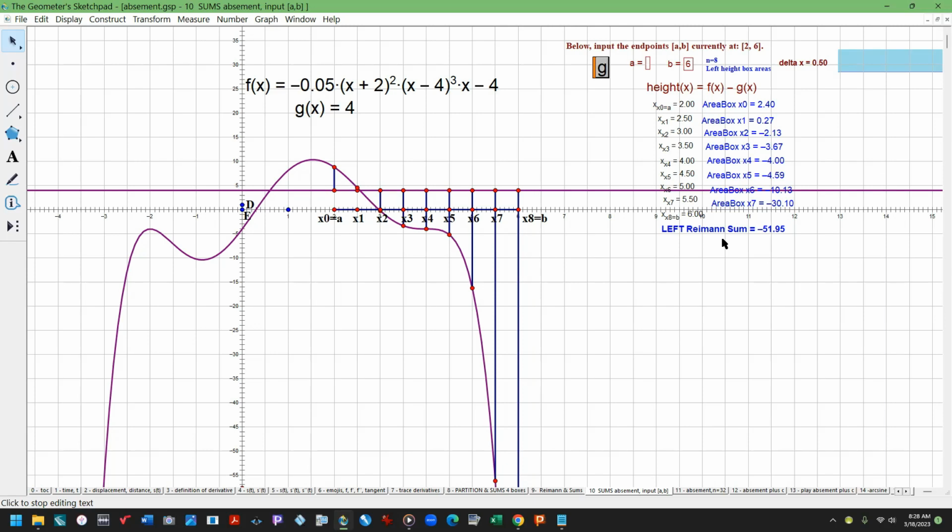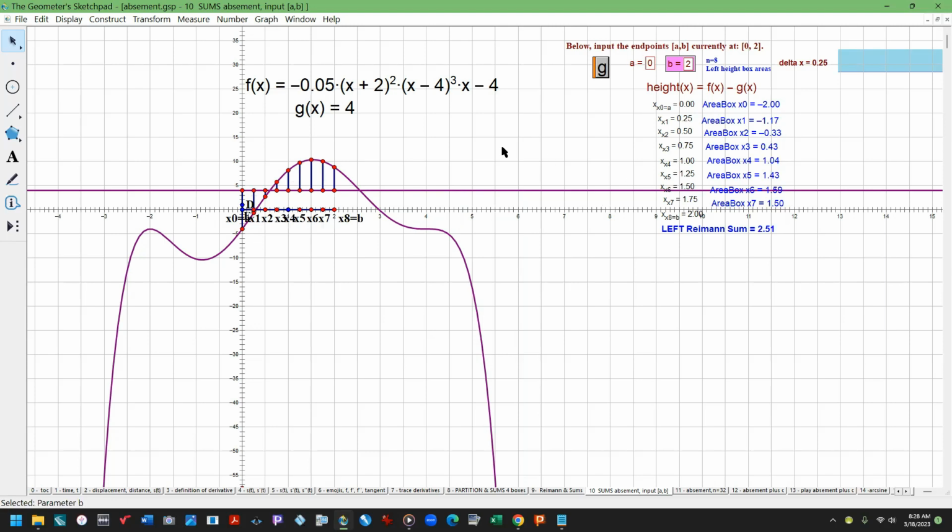All right, let's make this 0. Let's make it so it's always positive, about 2. There we go. A lot smaller area, but you can play with two functions.